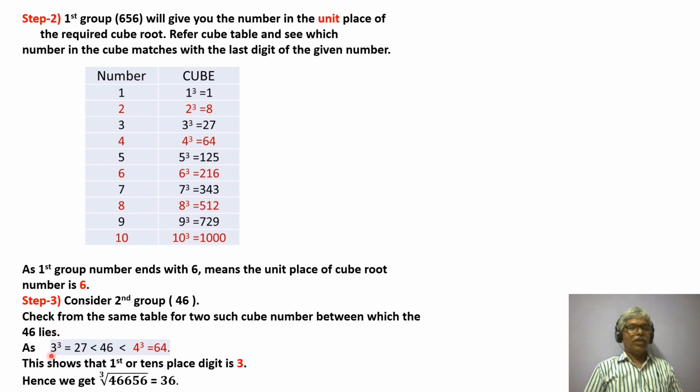That means 3 cube is 27 and 4 cube is 64, and 46 lies between these two cubes. This shows that the tens place is 3. Hence we get the cube root of 46656 is 36. We got 6 here, and 3, taking the lesser one, from here, 36. Check it out.